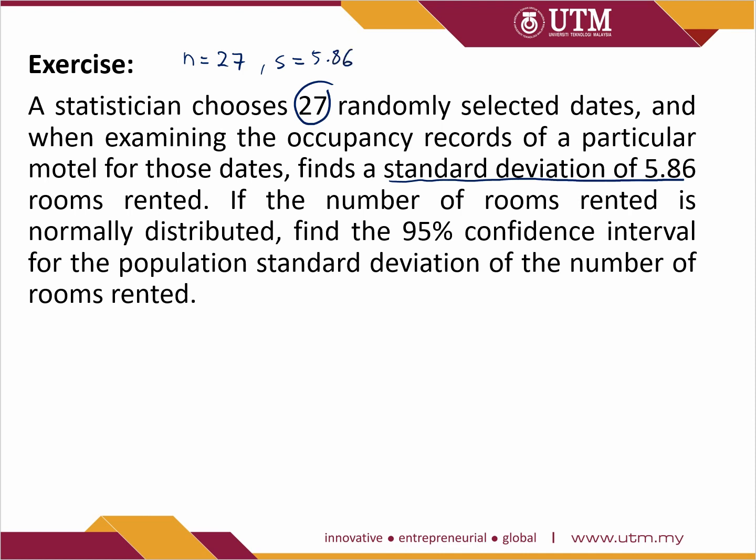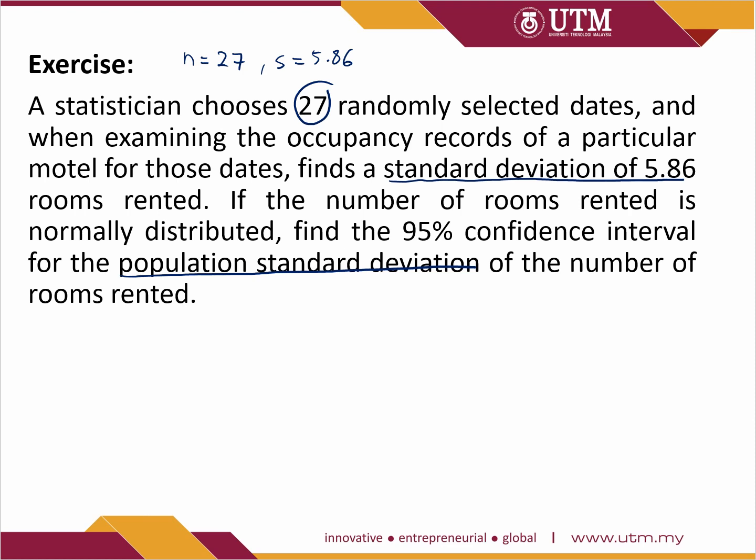If the number of rooms rented is normally distributed, find the 95% confidence interval for the population standard deviation of the number of rooms rented. So here we have our n and our s.